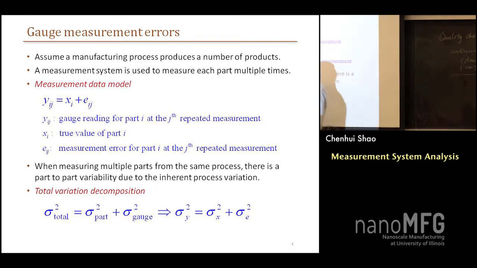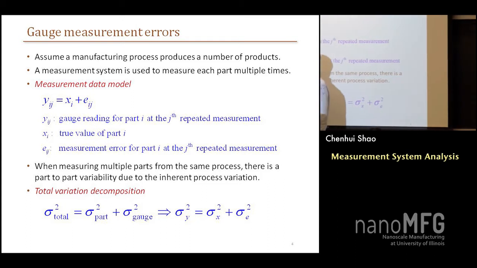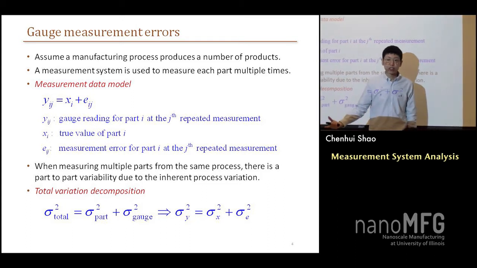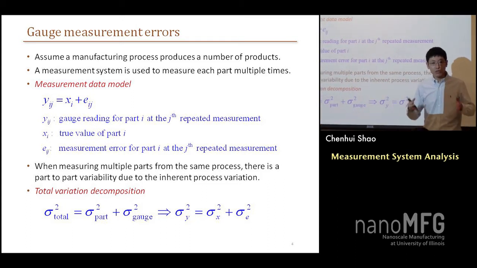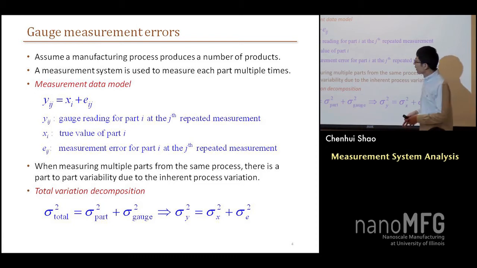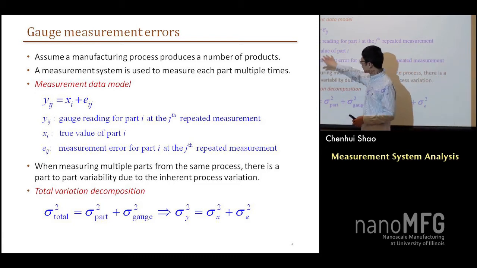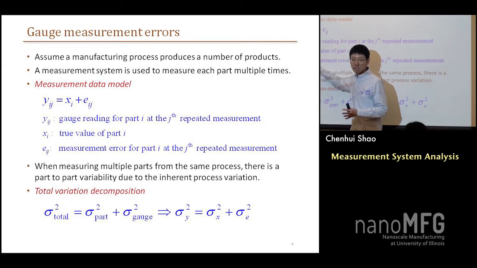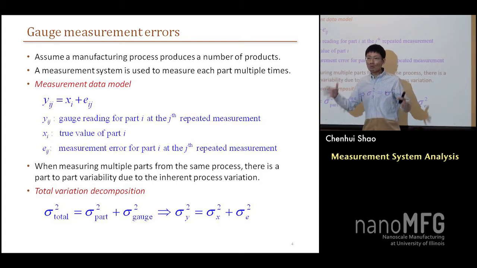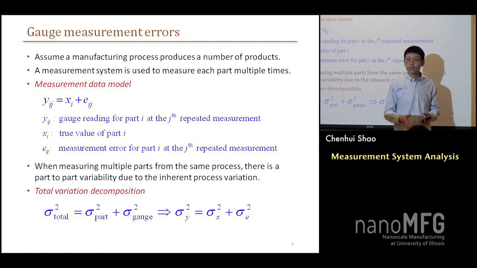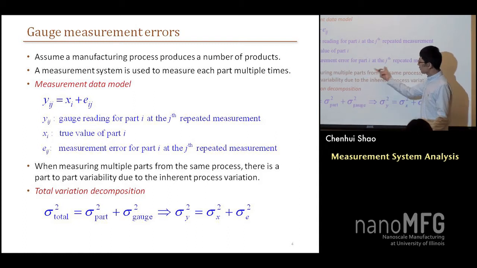So the Yij is really what you read from your gauge. It's your reading, your measured number. And Xi is the true value of part i. That's why we don't have the j subscript, because it's a true value for all the repeated measurements of the same part. And finally we have an error term.